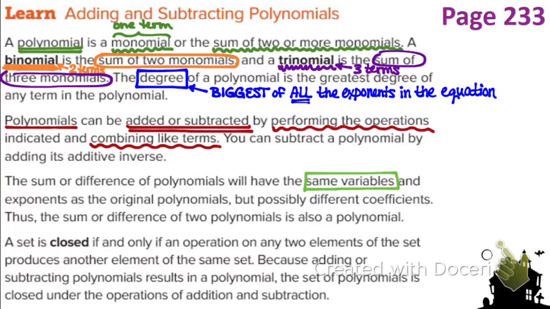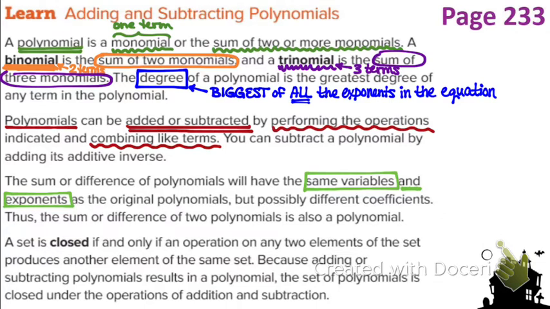What else will not change? It's written up there. Not only do my variables stay the same, what else stays the same? My exponents stay the same. Variables and exponents stay the same. Which means if I'm adding and subtracting, what's the only thing that can change? It's also written up there.